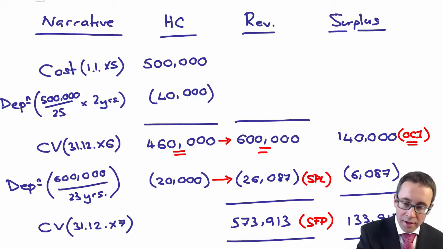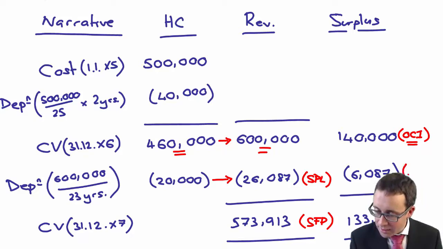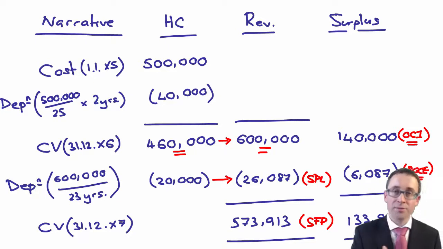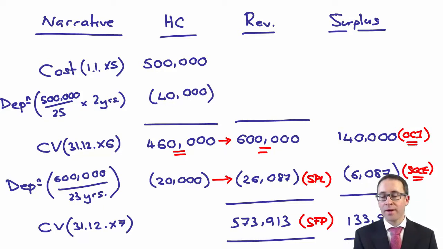So what we see there is that 6087 is a reserve transfer in the statement of changes in equity. So we shall draw that up in a moment to show you what you have. But the key bit is to understand that for this excess depreciation, the difference between the old and the new needs to go there as a reserve transfer.